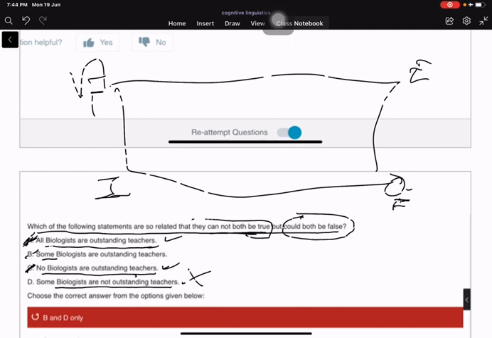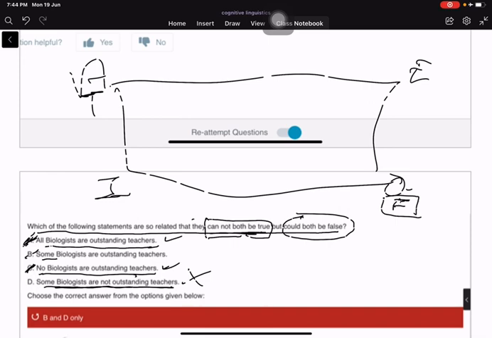This is incorrect: some biologists are not outstanding teachers. So what it says is that they cannot both be true, right? If this is true, this is going to be false. This is logical understanding.